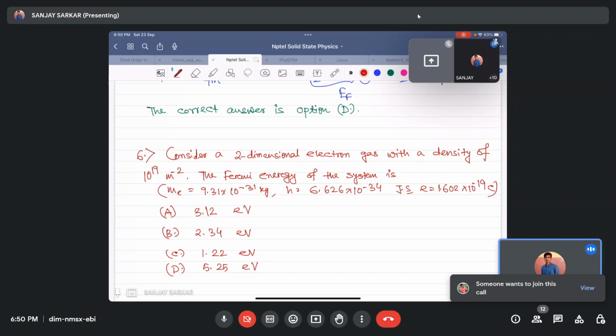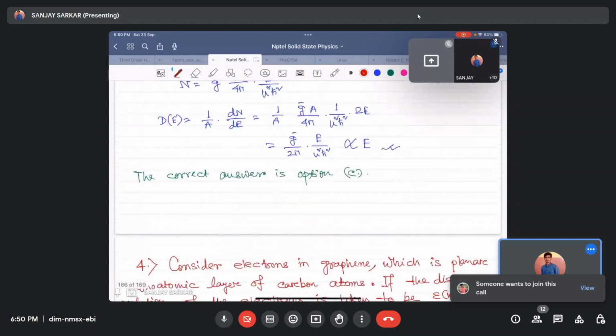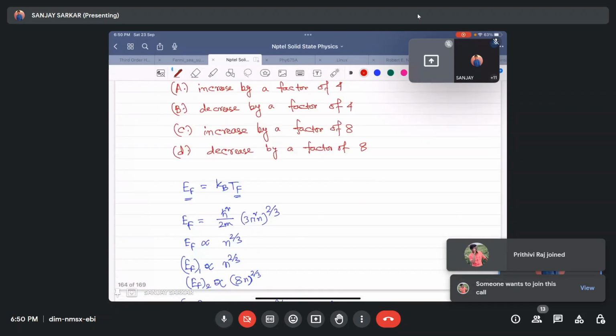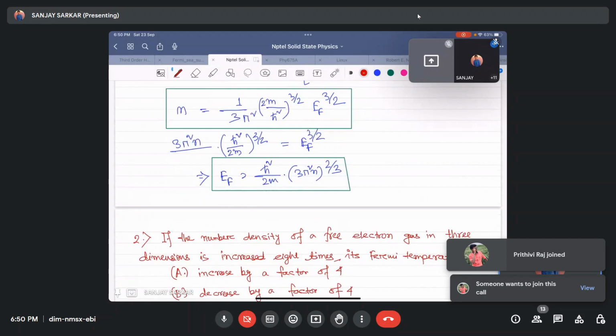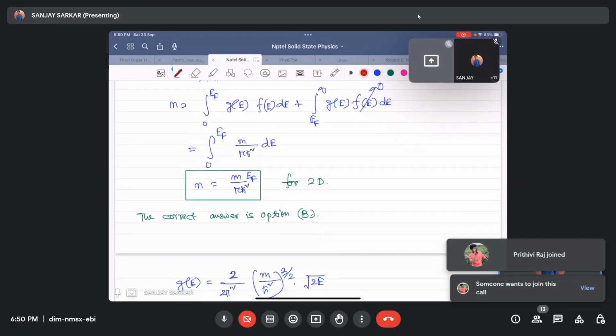Since nothing is told in the question, we will consider this as a free electron gas. For free electron gas in 2D, I think we have shown the relation of h bar square, EF and N. So you use this relation and calculate.